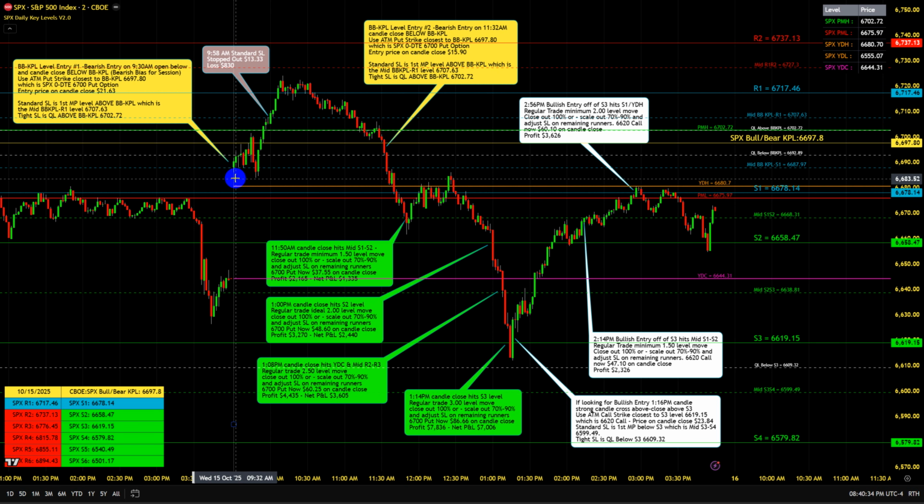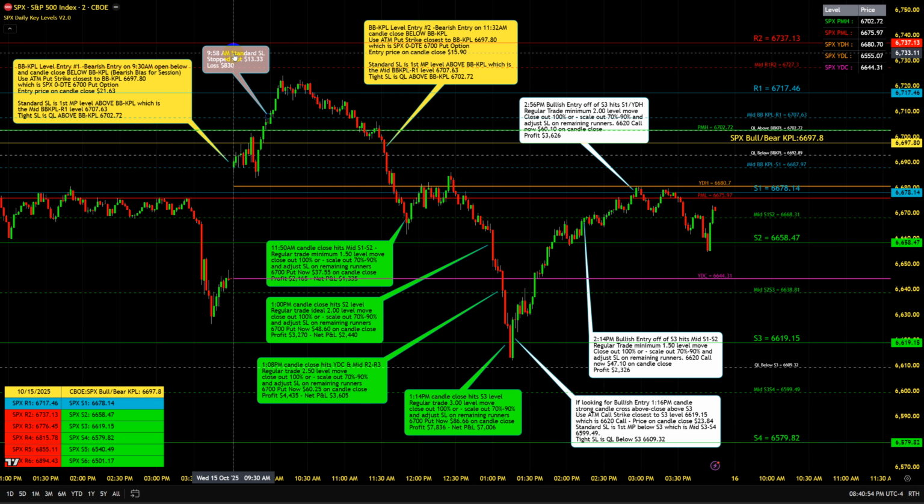All right. So you have our entry. As you can see here, after some sideways action and then a little movement downward, we did get stopped out. So here's the QL level. You would have gotten stopped out on the tight stop loss on this candle, which is the 9:54 a.m. candle.